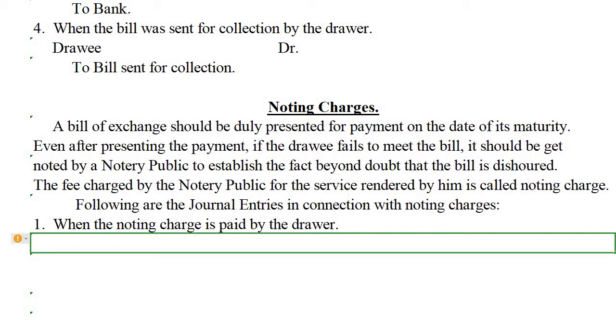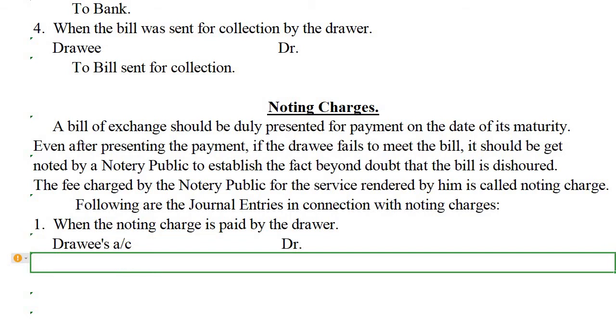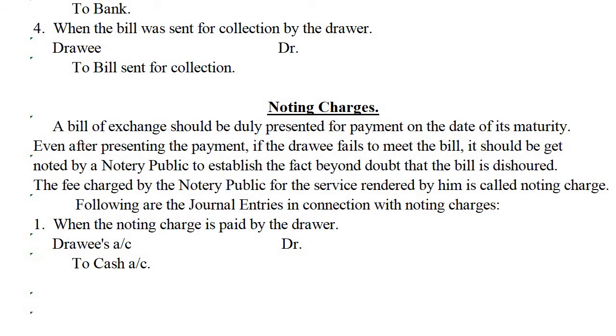So the journal entry which we can write is drawee's account debtor to cash account. That is the journal entry for noting charge if the noting charge is paid by the drawer.